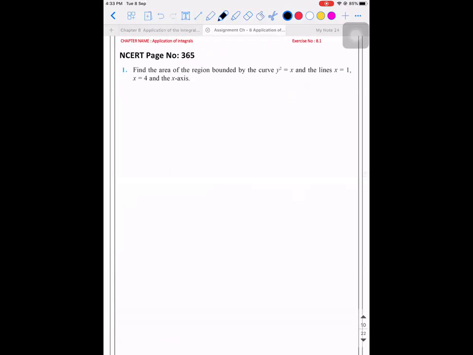Find the area of the region bounded by the curve y square is equal to x, the lines x is equal to 1 and x is equal to 4, and the x-axis. Can you guys try? Tell me the equation. So y square is equal to x. What does it represent? A rightward parabola. Yes, it's rightward.